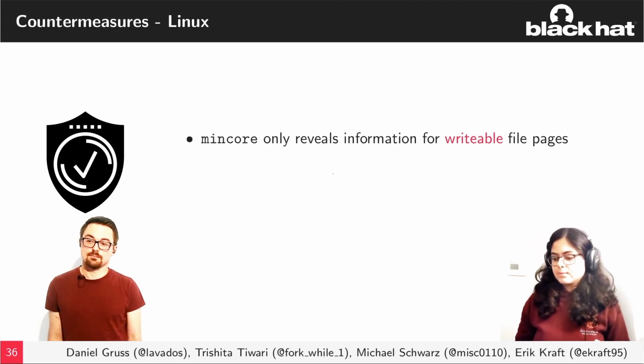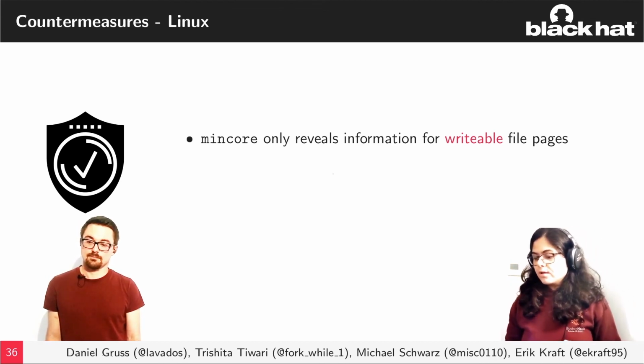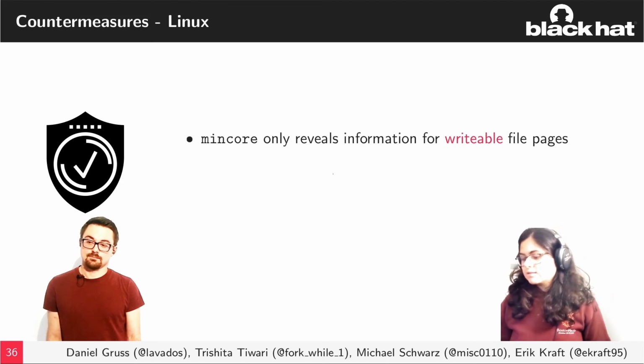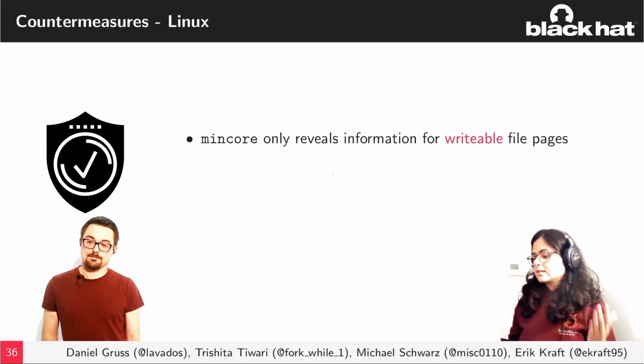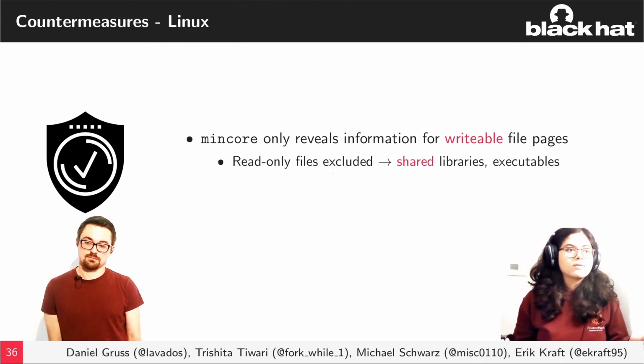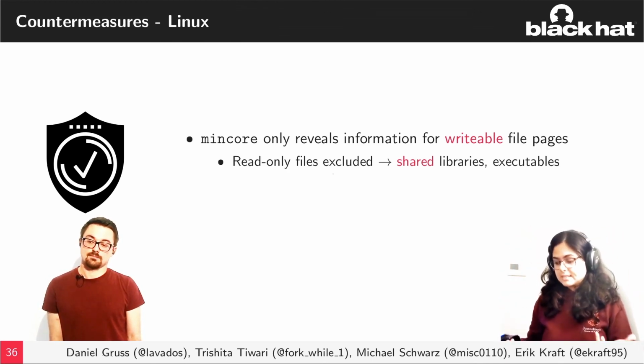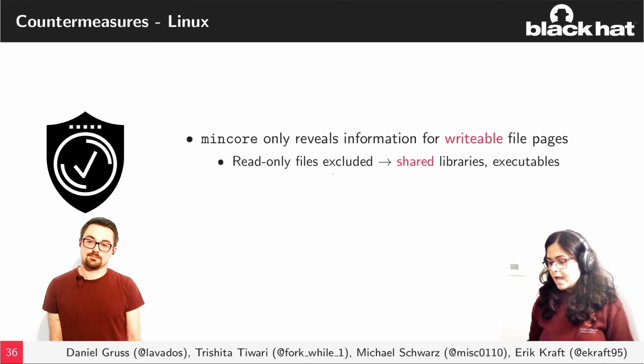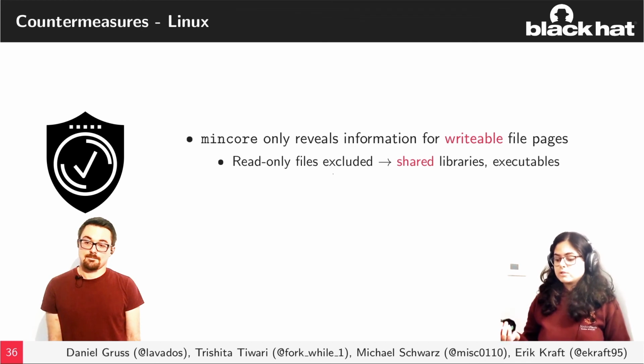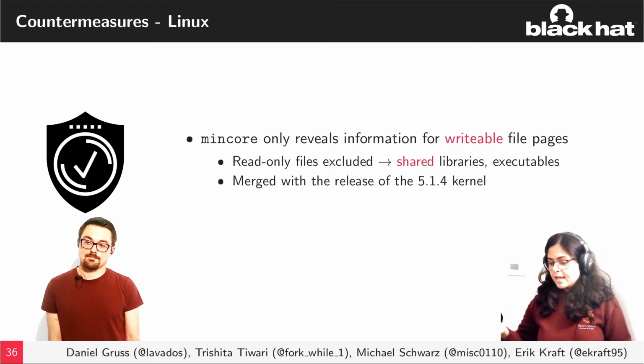So read-only files are excluded, so all of the shared libraries, executables, and a lot of stuff that would be of interest to the attacker is no longer accessible through mincore. And this was merged with the release of kernel version 5.1.4.